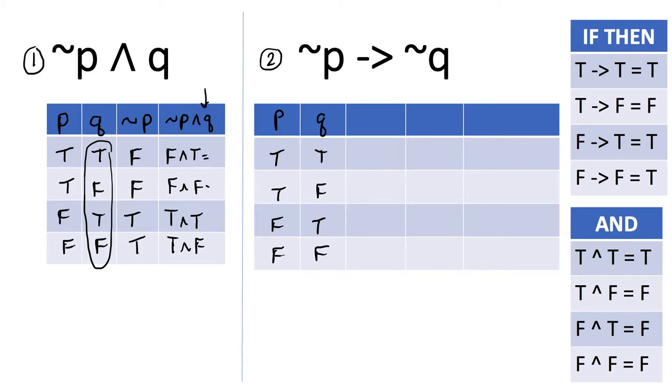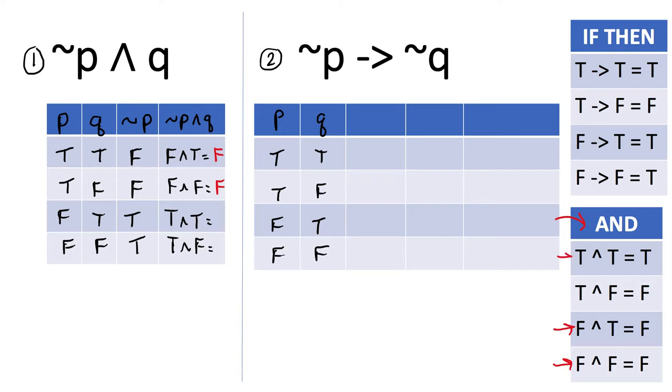And then what we want to do is use our rules to determine the truth value for each of these final four statements. So these are AND statements, so we'll be using the AND chart. False and true, that's this one, and it's equal to false. False and false, also equal to false.